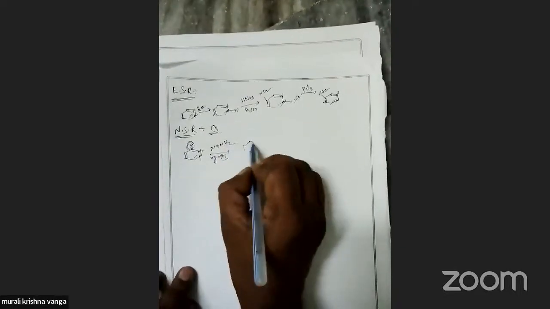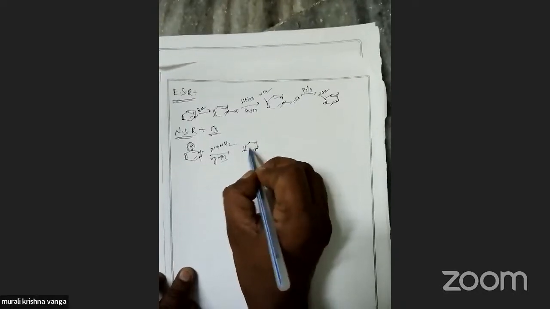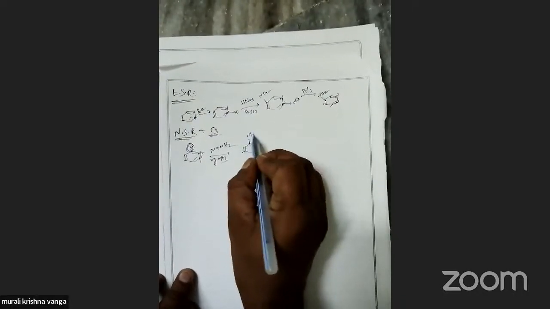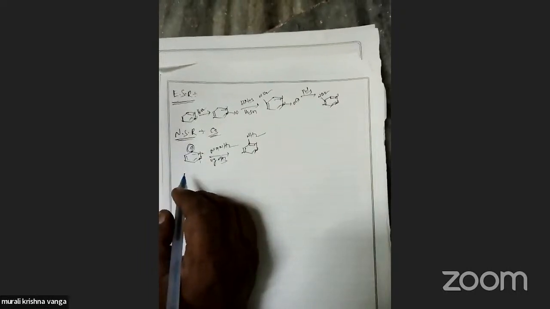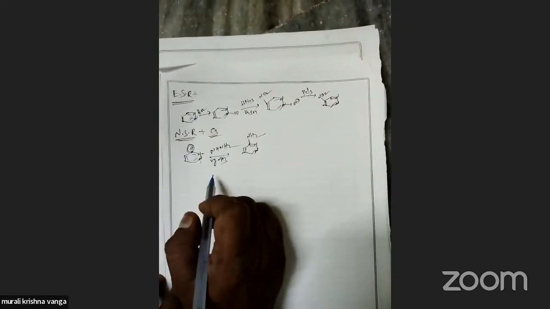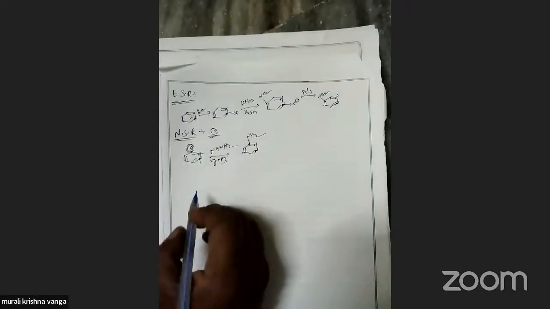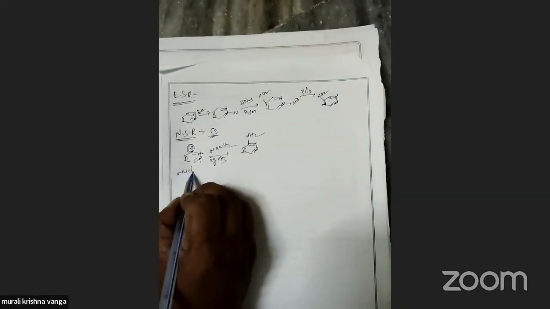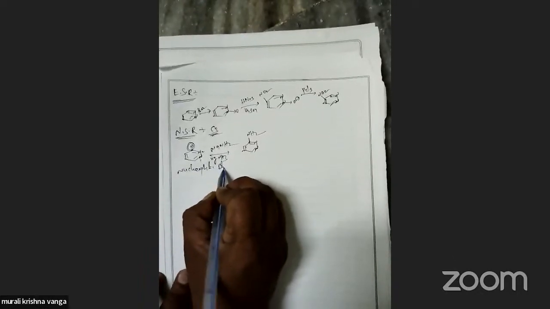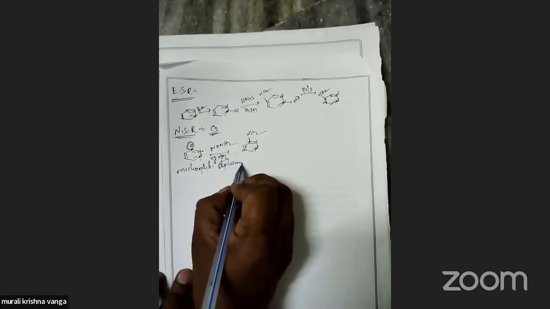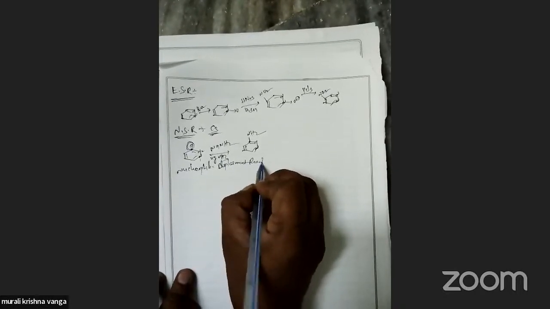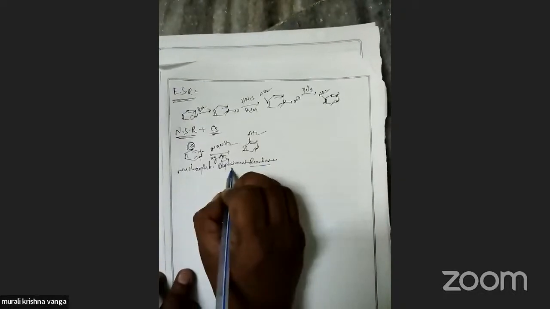Amination takes place at the third position. Chichibabin reaction is the best nucleophilic substitution reaction here. Next, nucleophilic displacement reaction.